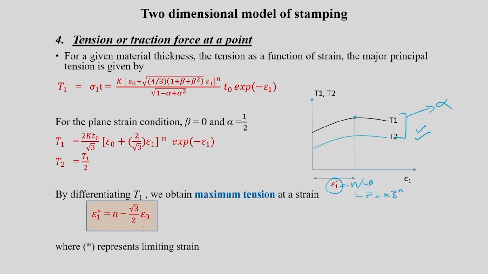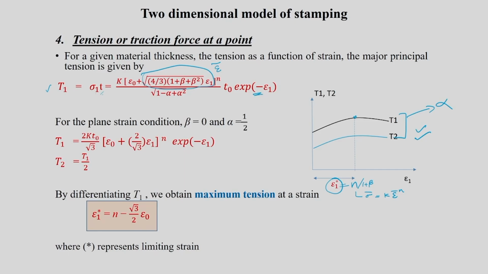Now T1 can be found as nothing but sigma 1 into t, where sigma 1 is sigma bar divided by square root of 1 minus alpha plus alpha square, and sigma bar is K into (epsilon naught plus epsilon bar) power n, where epsilon bar is your effective strain, with t equal to t naught exponential minus epsilon 1, which we already derived.